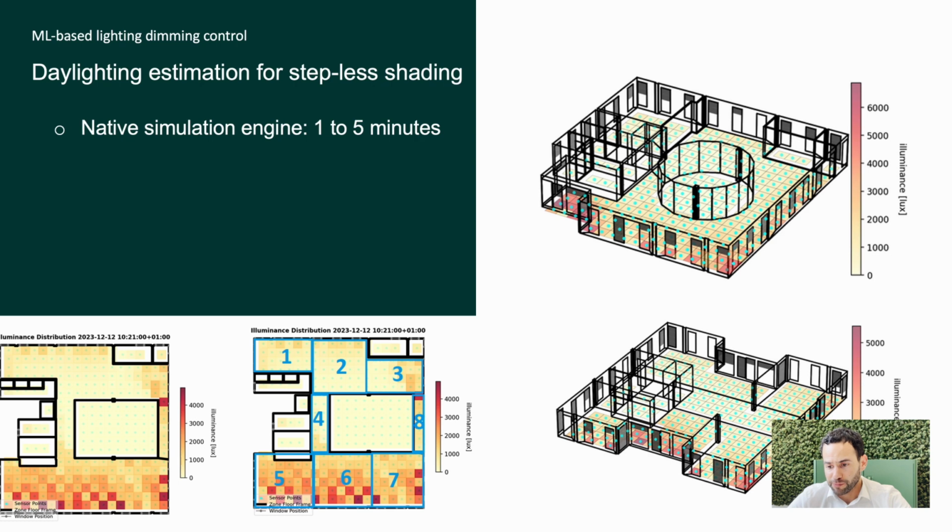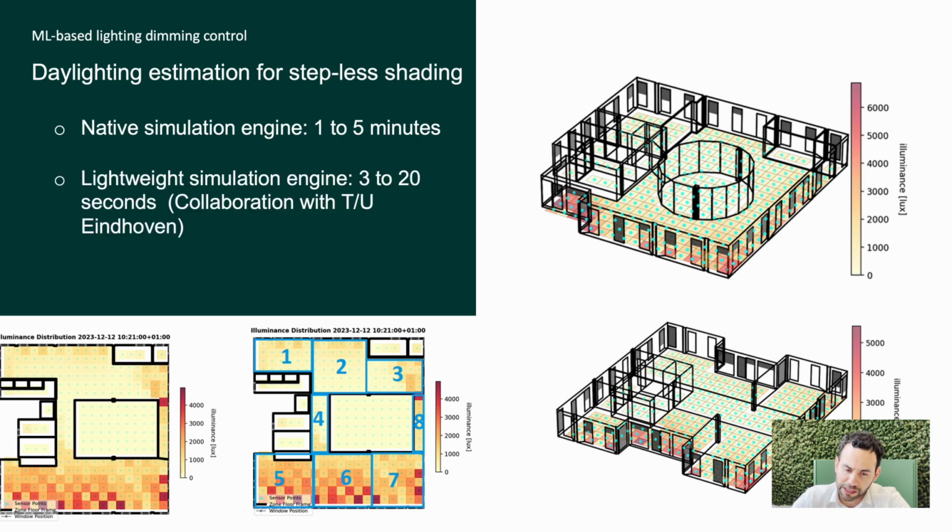Through research here, we have tested the performance of these simulation engines if we want to discretize such blinds. That means to represent the different positions of the blinds. That was resulting in 1 to 5 minutes, which was a lot of time.